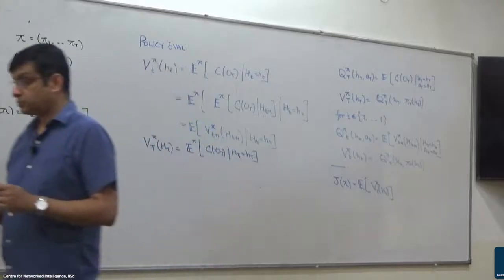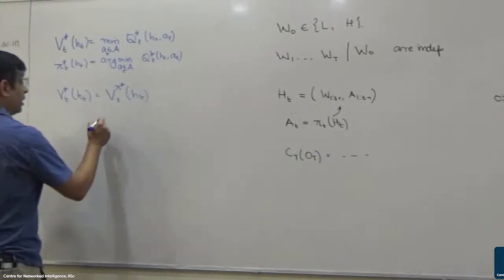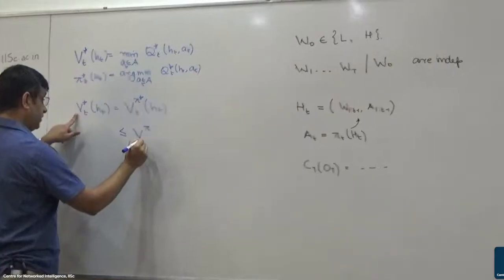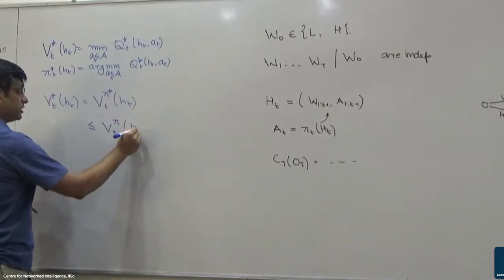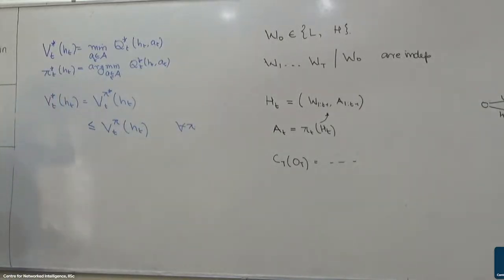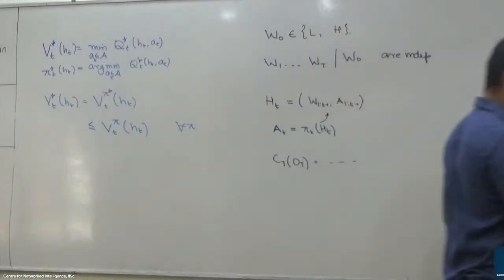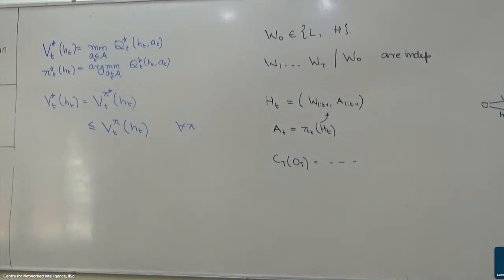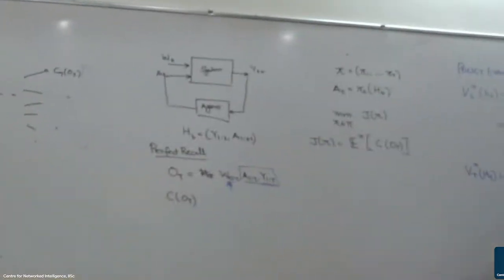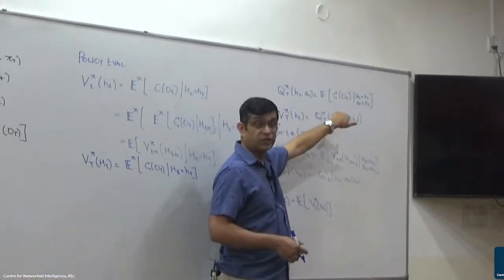Now, the reason why this policy is optimal is that I can now show by backward induction that this object V* is going to be less than or equal to this for all π. And the reason is kind of obvious. It's the same argument that we did in the full observation case. The terminal Q functions are identical. When I go to this guy, in one case I choose a particular action, in the other case I choose the optimal action.